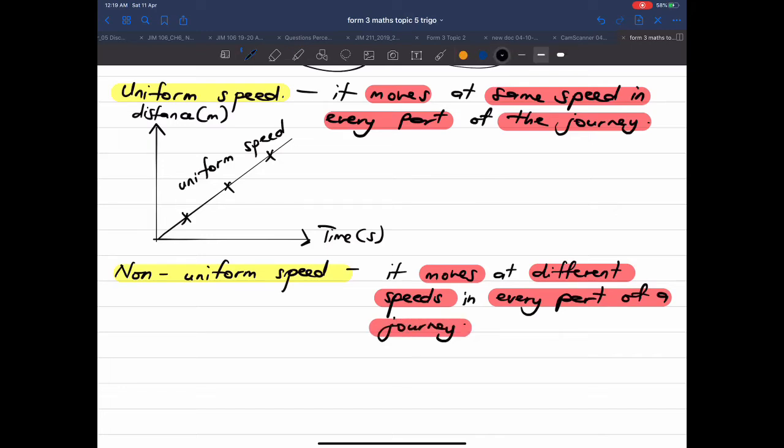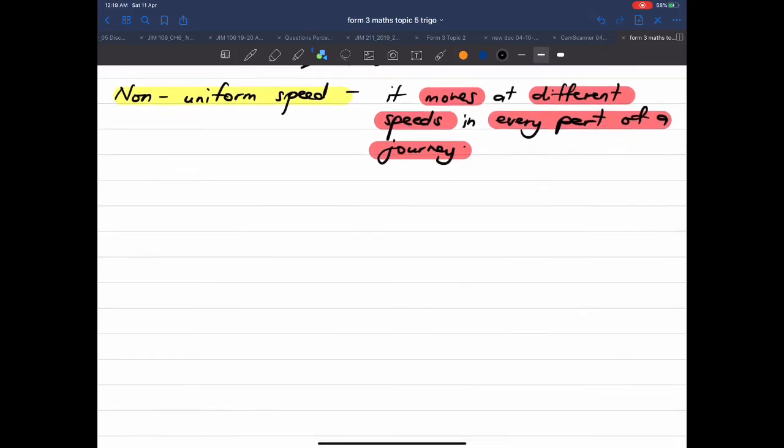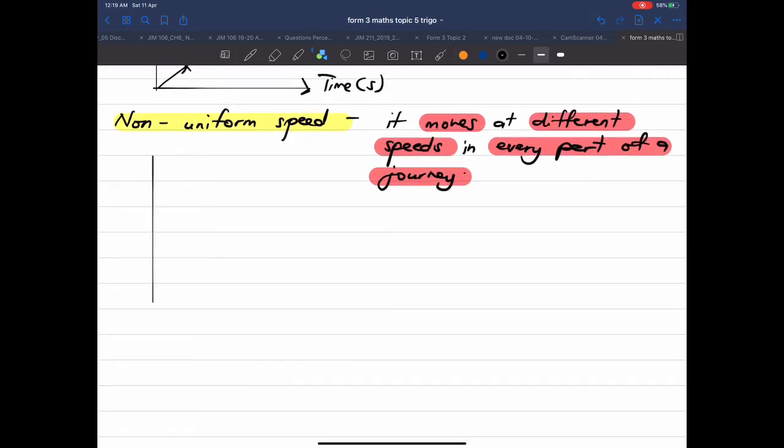So same goes for the graph. I'll just sketch. Is it different speeds in every part of the journey? So like this. Change the color.